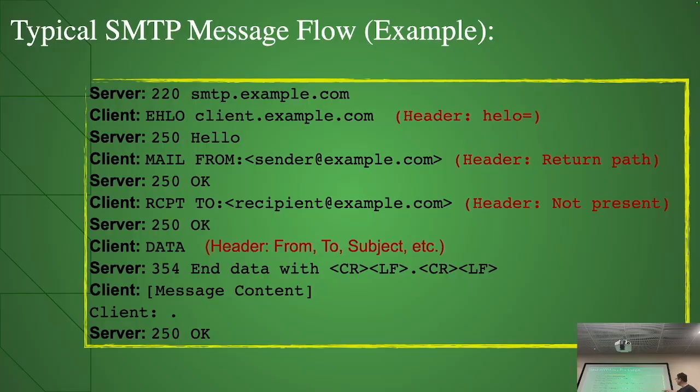The recipient is really not present in the headers too much, because that's more in the data, where you put in where it's from, where it's going to, the subject, etc. And then of course it ends with a little dot just to tell the server this is the end of my message.